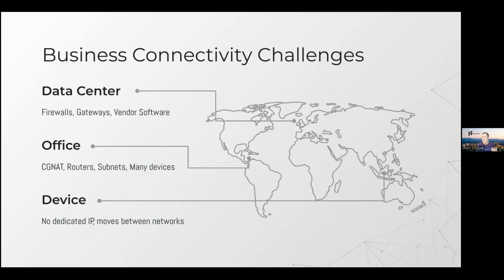So, beyond just that challenge of security, which is mostly what we think of with a VPN, there's also the challenge of connectivity. It's not just about making your access anonymous or private, it's about making that access possible altogether. A data center, and this applies to clouds as well, has its own custom firewalls and security groups and gateways.